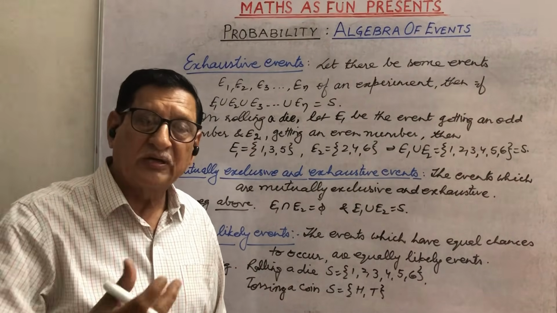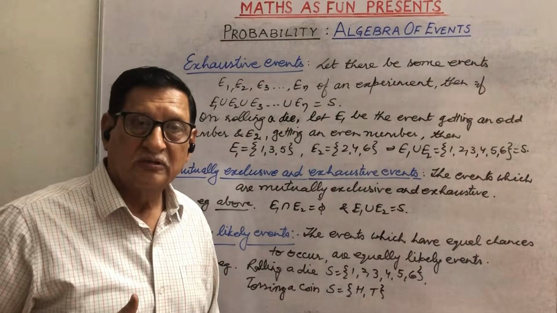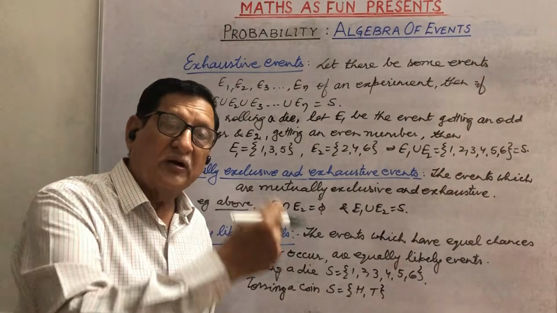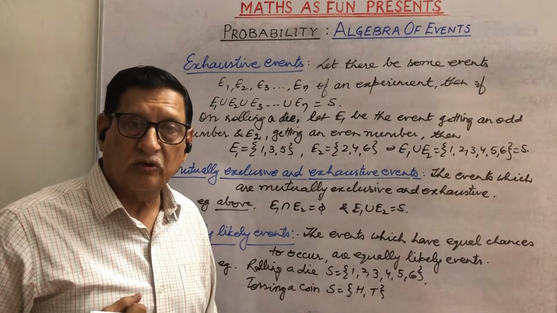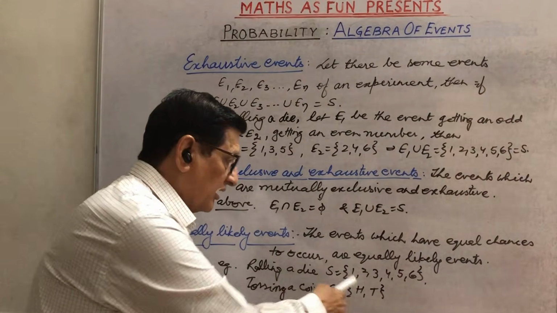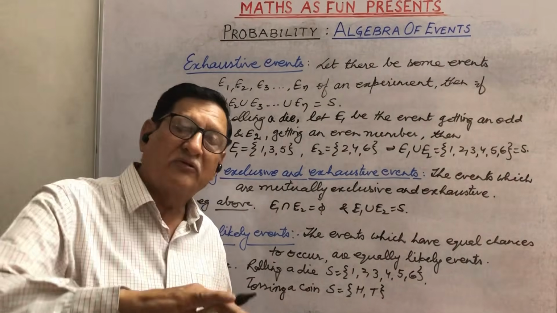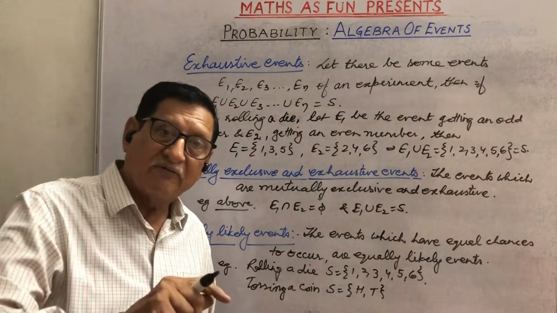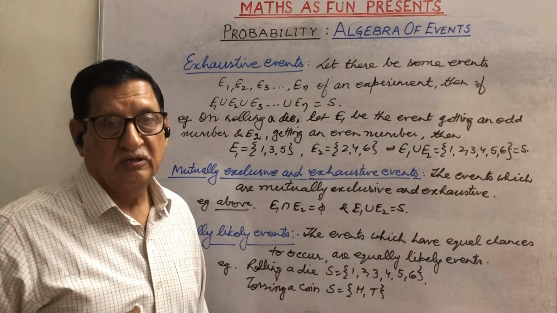Any one of the numbers may come when we are rolling it. So that's why they are equally likely events. Same way if we are tossing a coin, then head and tail are the two events. Either head will come or tail will come. Both have equal chances of occurrence.